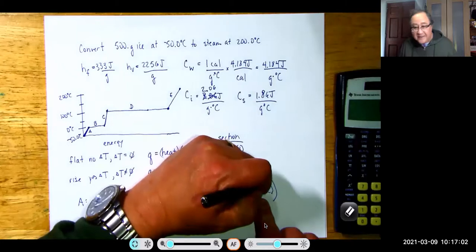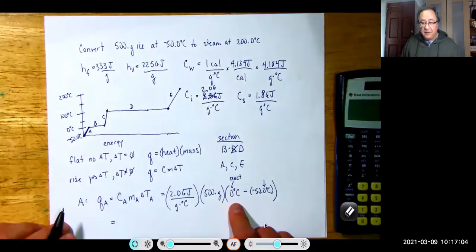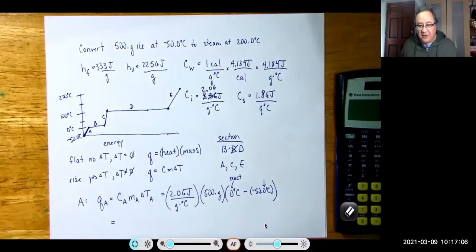This is good to the 10th. This is good to the billionth, or whatever you want to call it, the infinitieth. So when you do the difference here, it's good to the 10th, which means positive 50, 3 sig figs. Okay? I'm going to do times 500 and times 50.